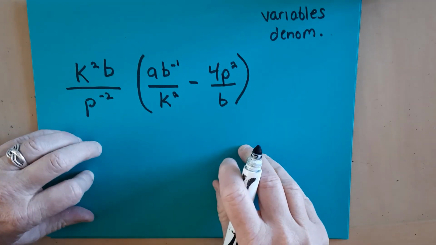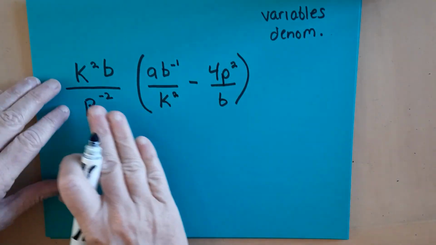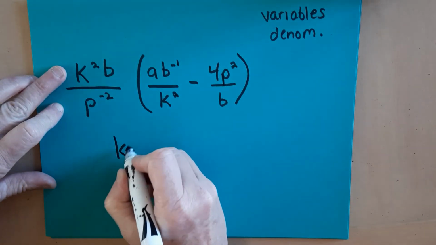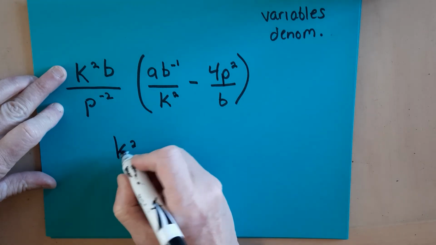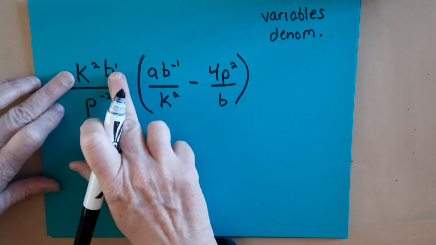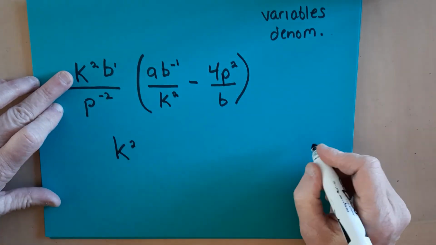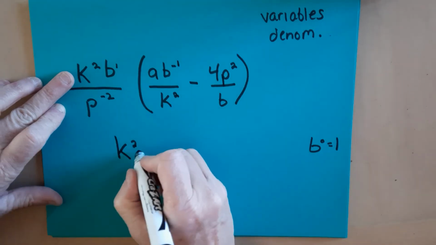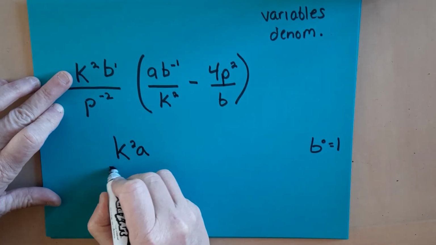Now before we worry about getting the variables in the denominator, let's just do the distributive property. Multiplying those two numerators together gives you k squared. This b is as if it's b to the first, so 1 plus negative 1 is 0, and b to the 0th equals 1. So we don't have to put a b here, but we do have to remember to put that a.